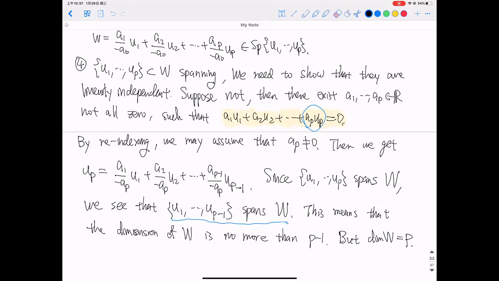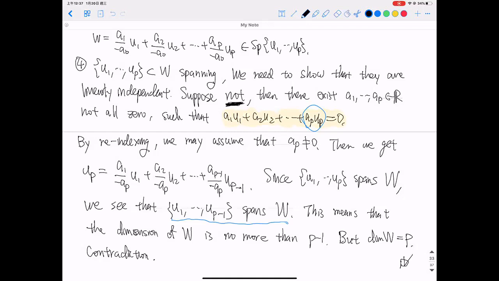So that's a contradiction. It contradicts the assumption that the collection u1 through up is linearly dependent. Therefore, they must be linearly independent. Okay, that's the proof.